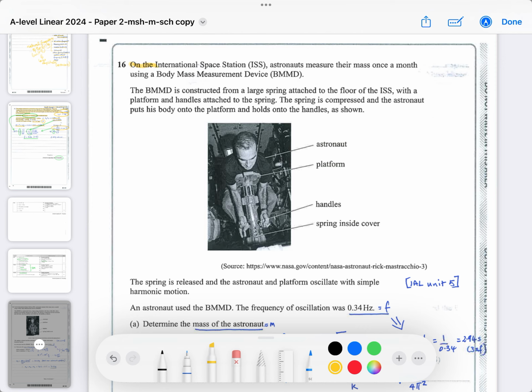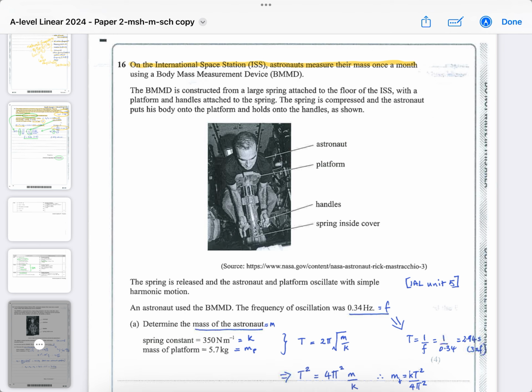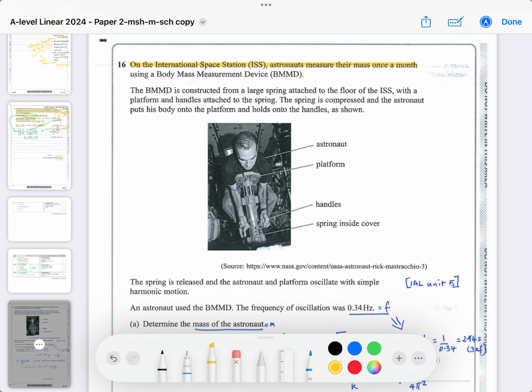Okay, question 16. On the International Space Station, ISS, astronauts measure their mass once a month using a body mass measurement device, because obviously they can't just stand on scales because there's no gravity pulling them down. The BMMD is constructed from a large spring attached to the floor of the ISS with a platform and handles attached to the spring.